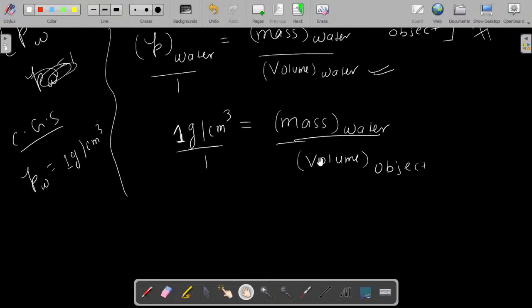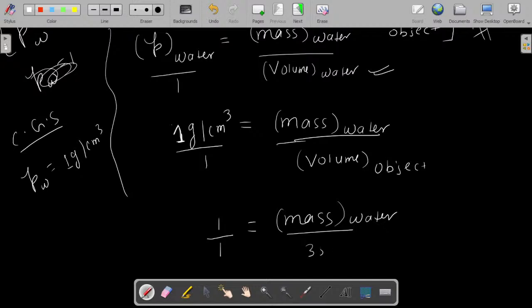Now put the value of volume here. Don't write the unit here. Just put 1 upon 1 is equal to mass of displaced water upon volume, 350.